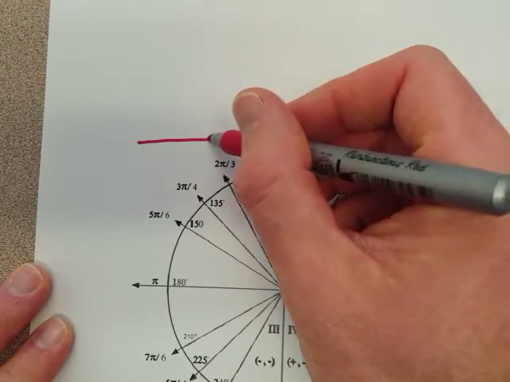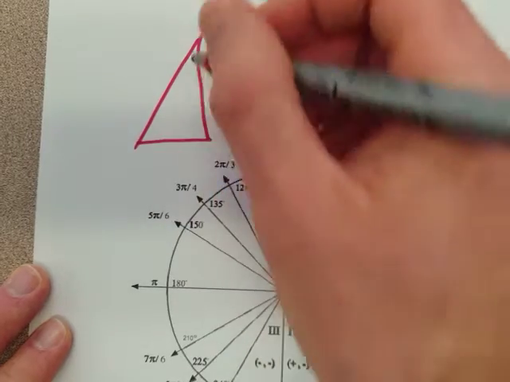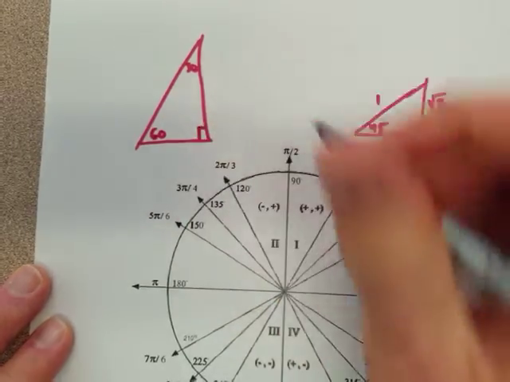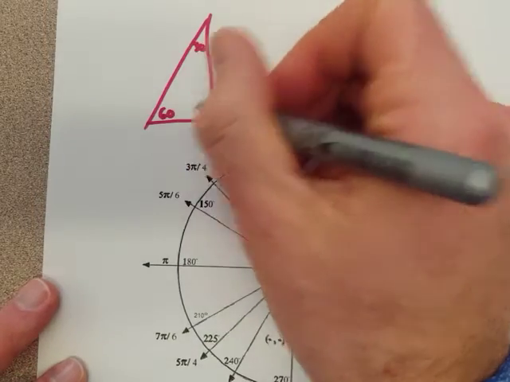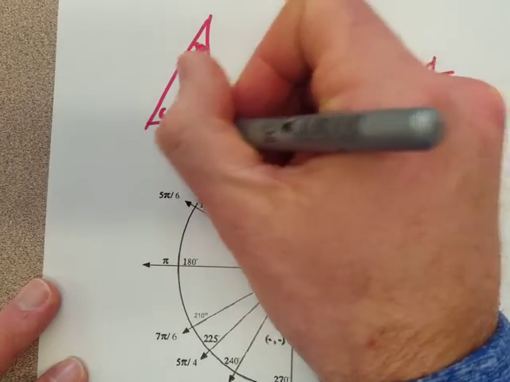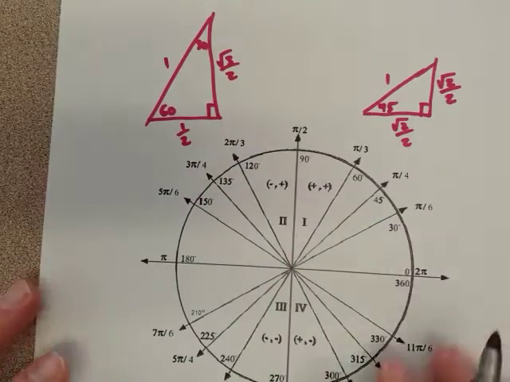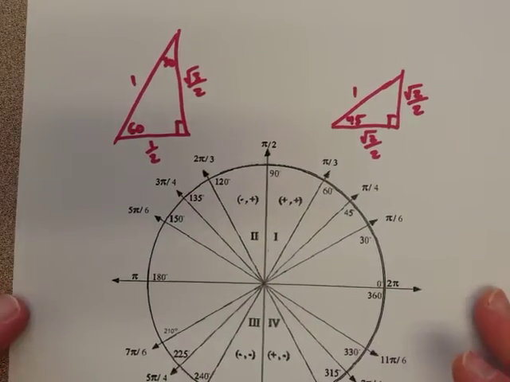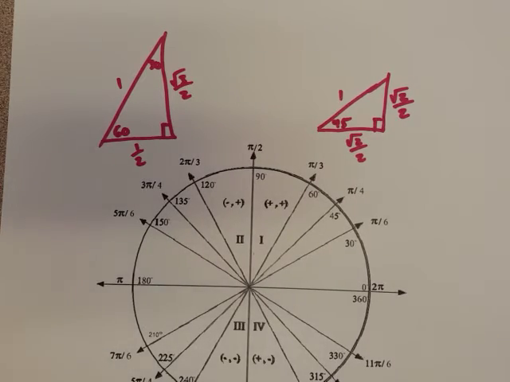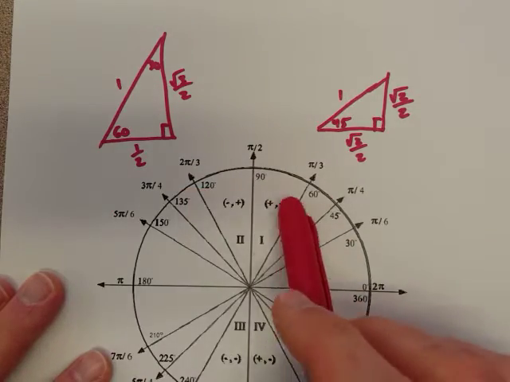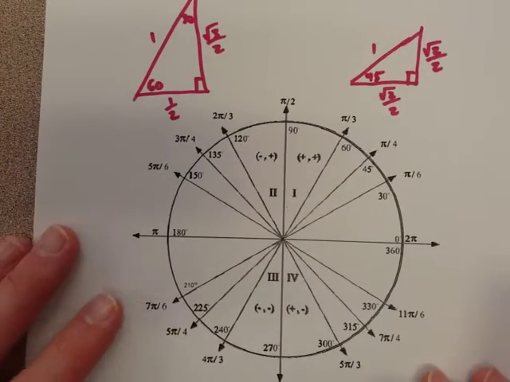So we've got 30 and 60, and this is 90. If that's the case, our sides are going to be represented as 1/2, square root of 3 over 2, and 1. So the important thing about the unit circle again is that the hypotenuse, or the radius, is always going to be equal to 1, and that's going to be positive no matter where you go around this circle.